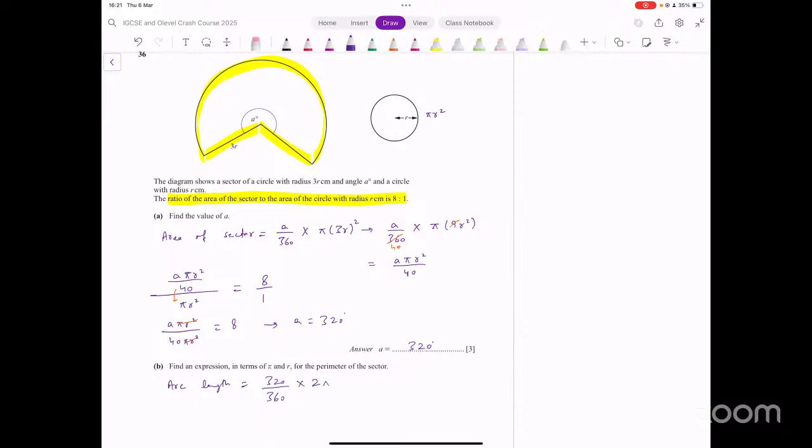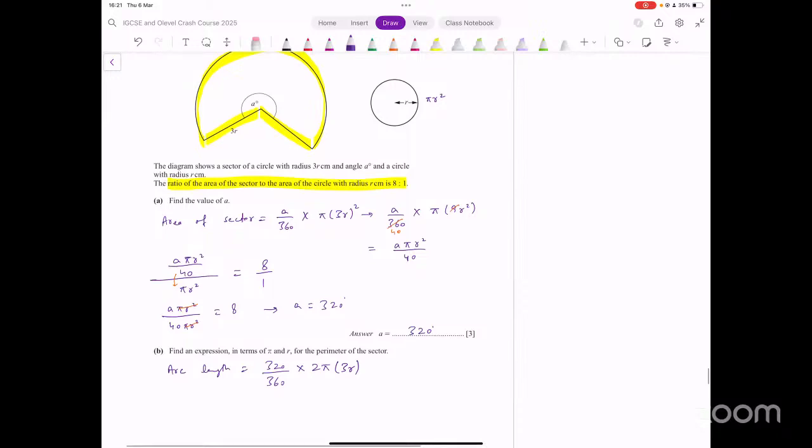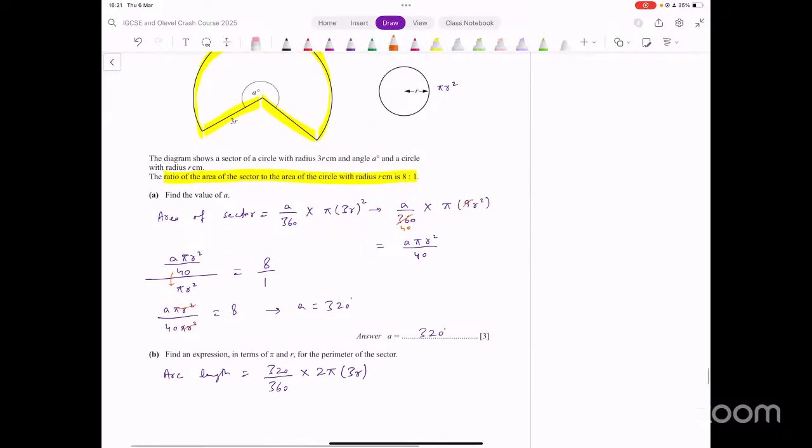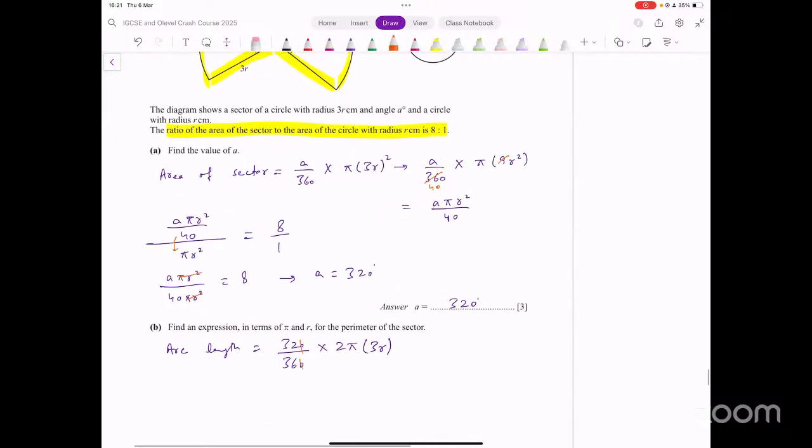That means 2 pi into the radius. What's the radius of the sector? It's 3r. Don't forget, it's not r, it's 3r. 2 pi into 3r. Okay, now let's simplify this and see what that gives us. 0 and 0, they get cancelled. And then 36 and 3, that leaves me with 12. 12 and 2, that leaves me with 6 here.